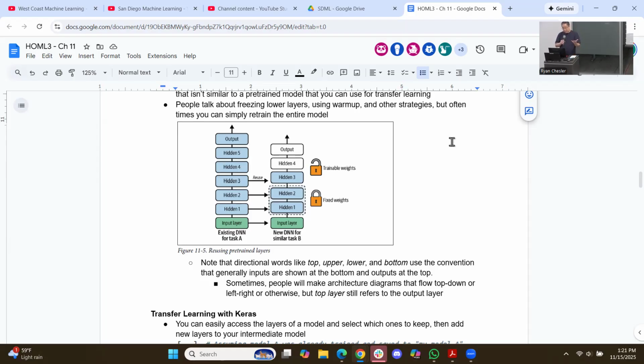In practice, though, oftentimes you can simply let the entire model train and it works just fine without any fancy freezing strategies or partial training and then changing or whatever.